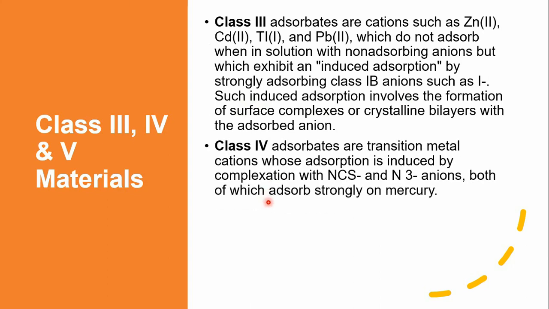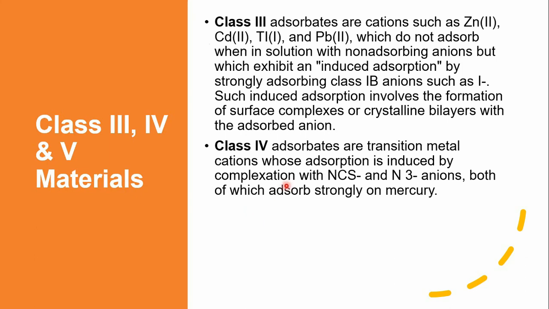Class 4 adsorbates are transition metal cations, whose adsorptions are induced by complexation with NCS minus and N3 minus anions, both of which adsorb strongly on mercury. That is, we are talking about the hanging mercury electrode over here.